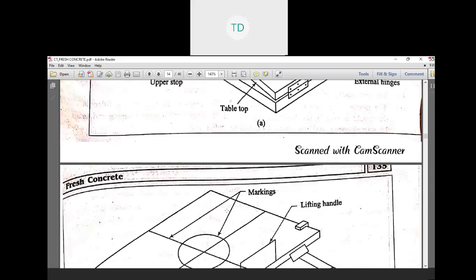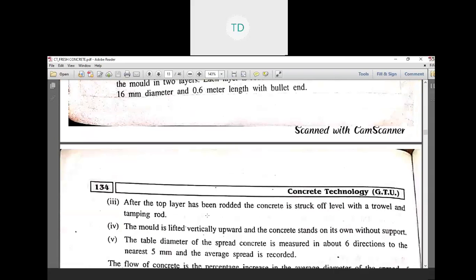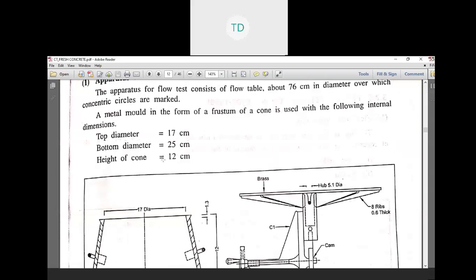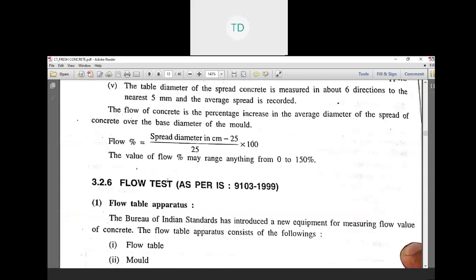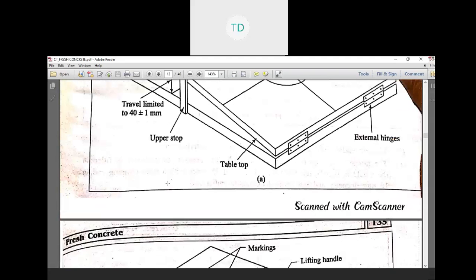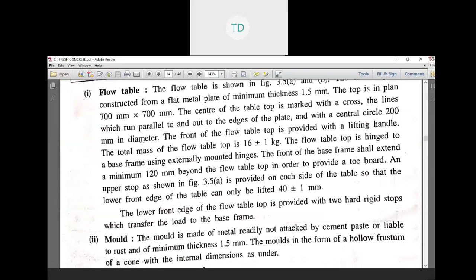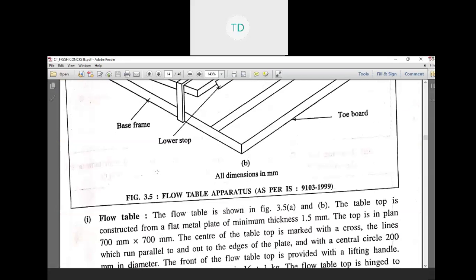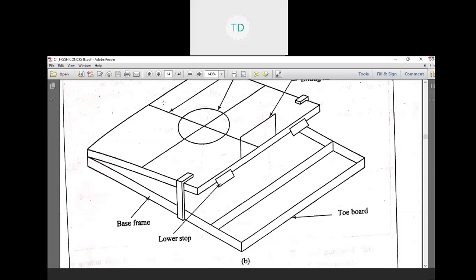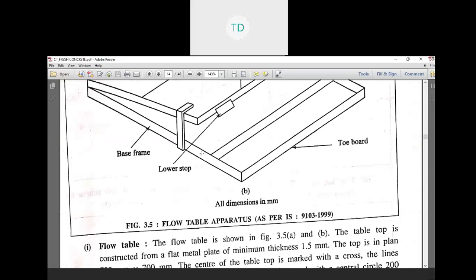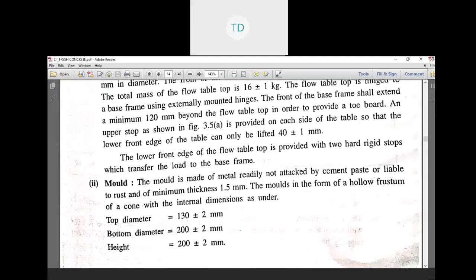The same procedure is followed as in the flow test, which we already studied in our previous lecture. The concrete flows from this mark to this mark, by which we decide whether the concrete is good or not.